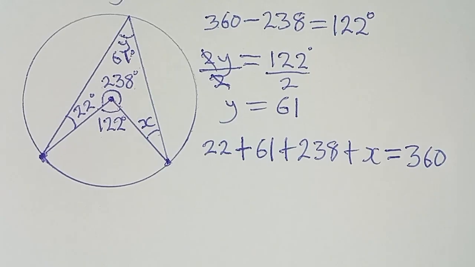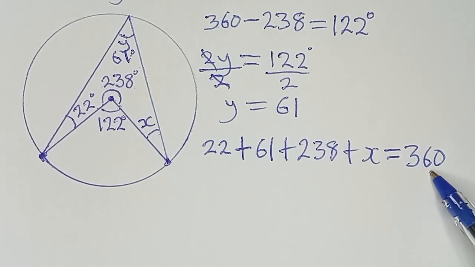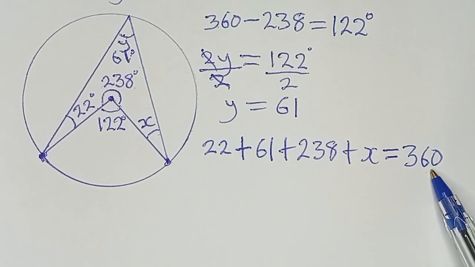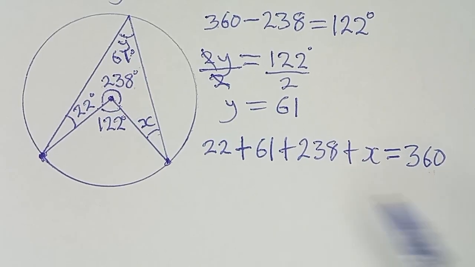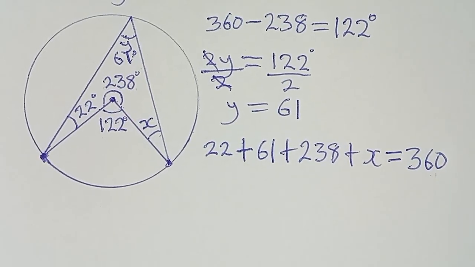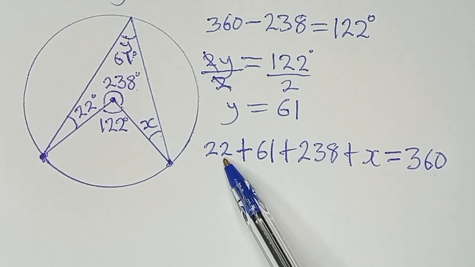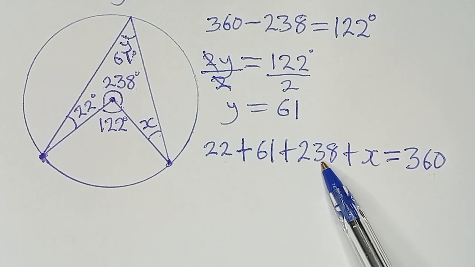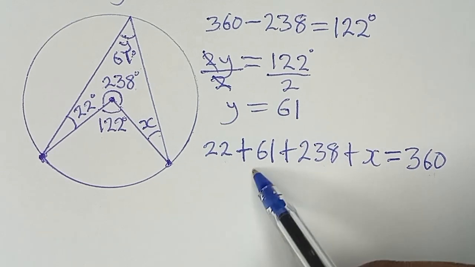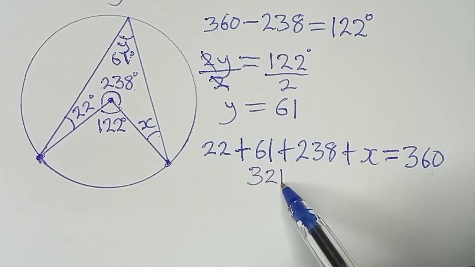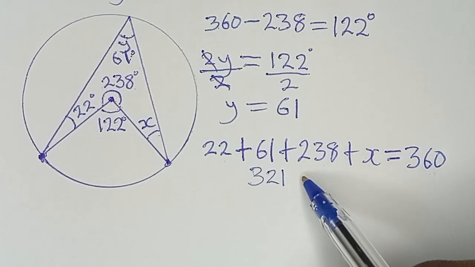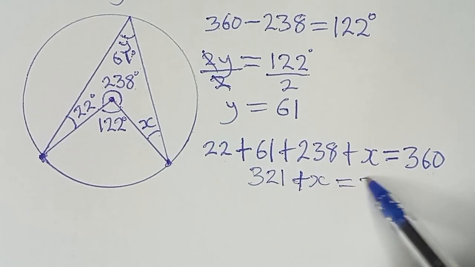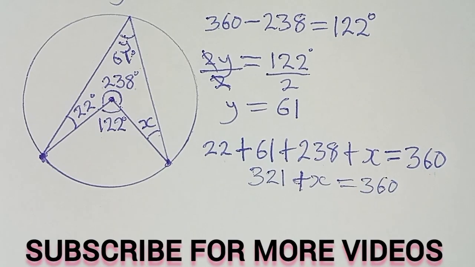So the 4 angles now, you can see them, they should give us 360. So 22 plus 61 plus 238 will give me 321. So 321 plus X will be equal to the 360 that we have there.